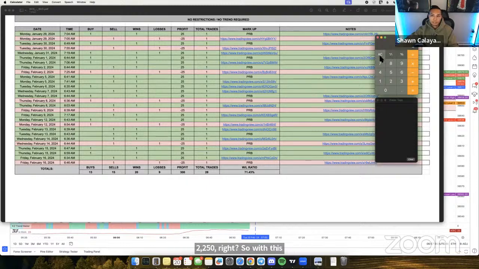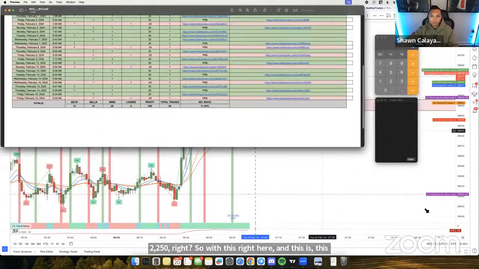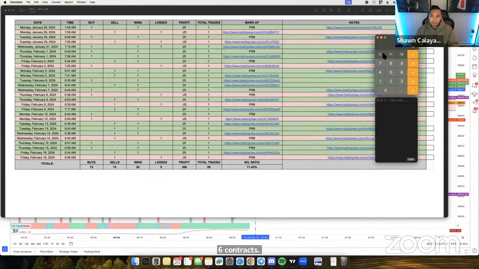This is going to be something that I need to work on with you guys. So looking at this data, if I'm trading 6 contracts on my normal account, 6 contracts times $5 per contract per point, so that's 30 times 300 points.